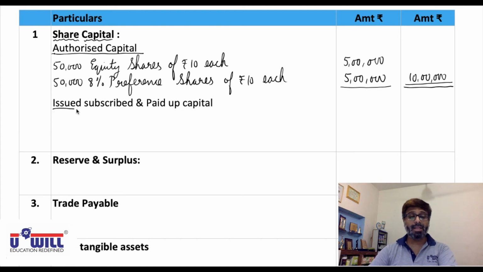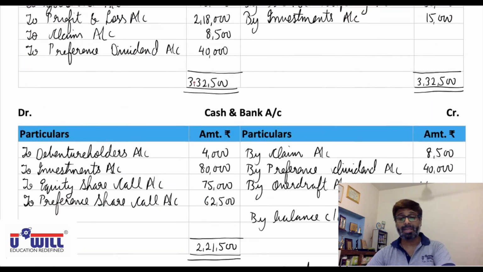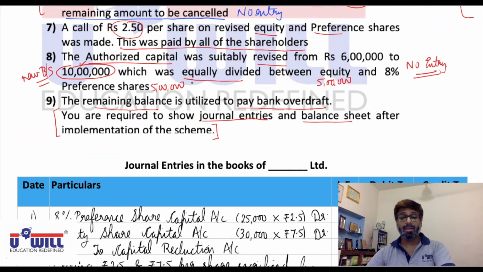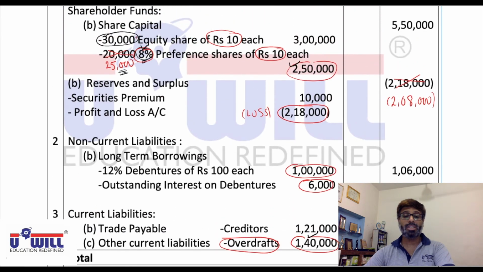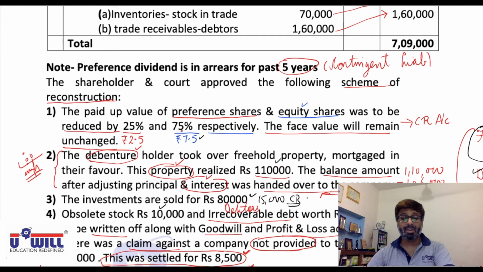Now give the heading issued, subscribed and paid up capital. Now this is important, how to find issued, subscribed and paid up. Listen carefully. 30,000 equity shares are already there in the balance sheet of rupees 10. From that equity share of 10 rupees, 7.5 they sacrificed, but without changing the face value.